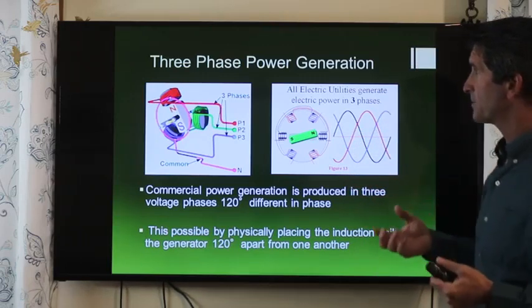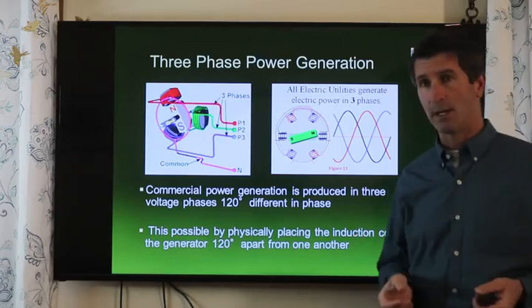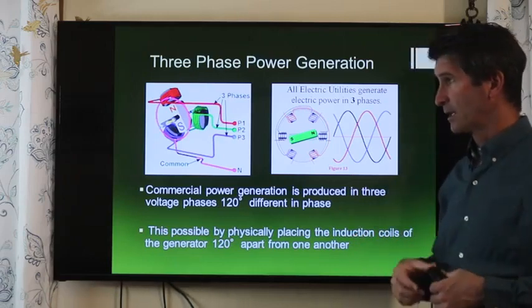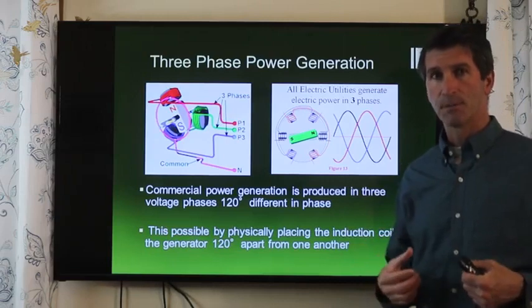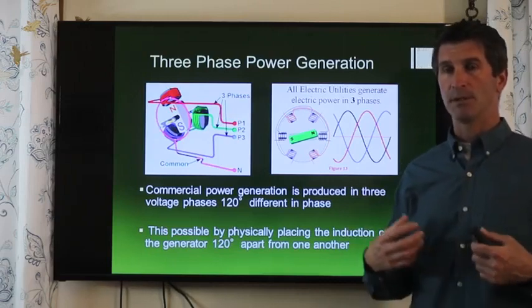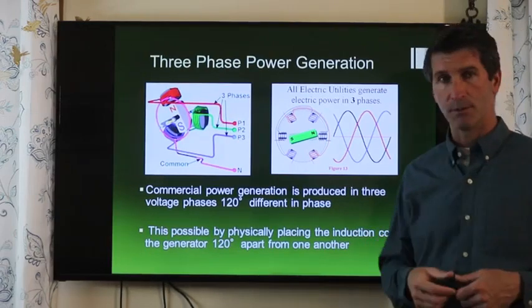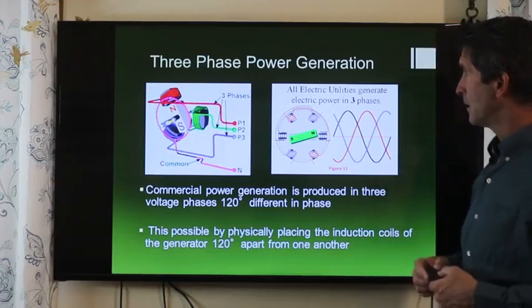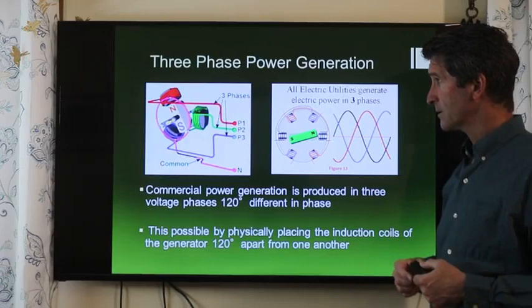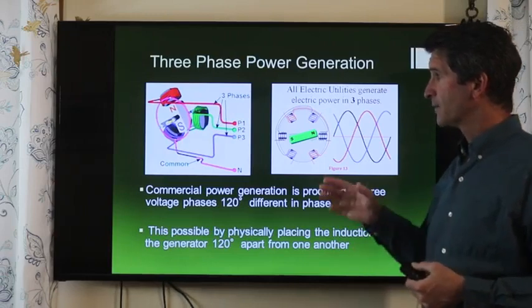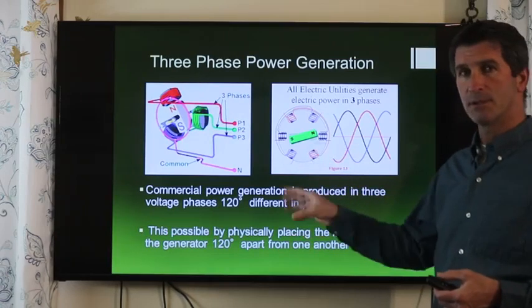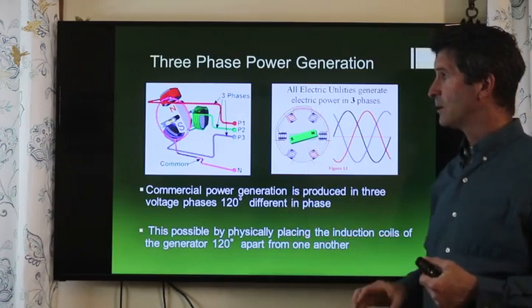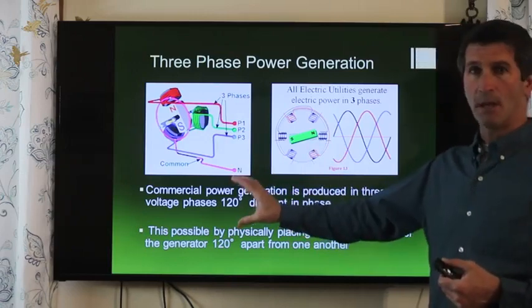So three-phase power generation is a very efficient way of generating electricity. Three-phase motors have a much more continuous output, and they don't tend to vibrate as much as a single pole type of motor. So the power company for large industrial consumers will deliver all three phases to them.